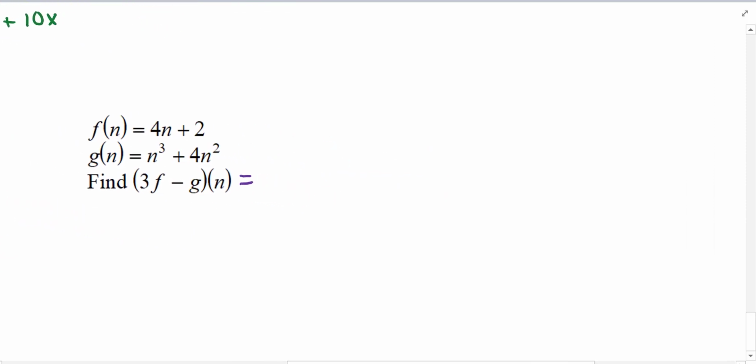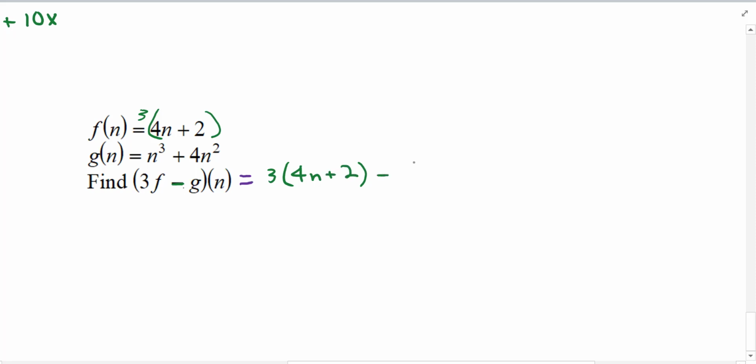All right, and then this final one, you just have to pay attention to what's happening. We're just subtracting like we did on the second one. But this is saying, hey, before you subtract, you have to multiply the f function by 3. So we're going to do 3 times that 4n plus 2.